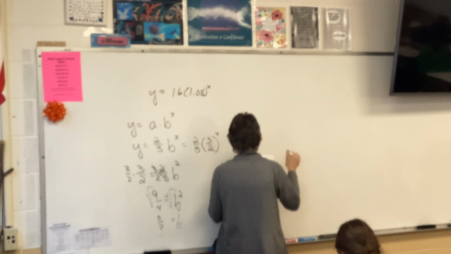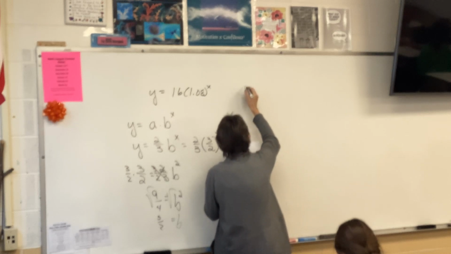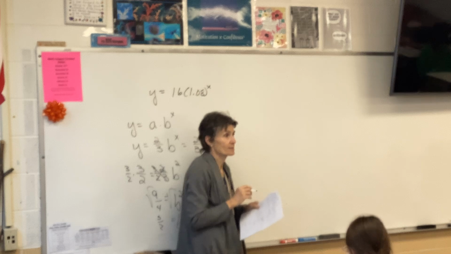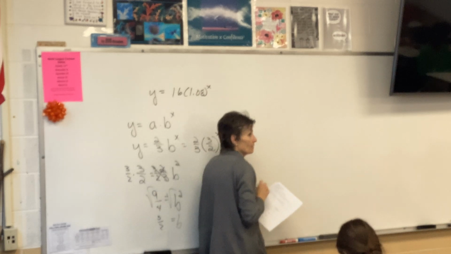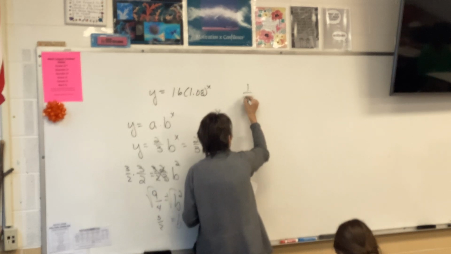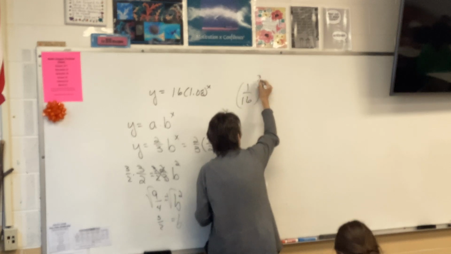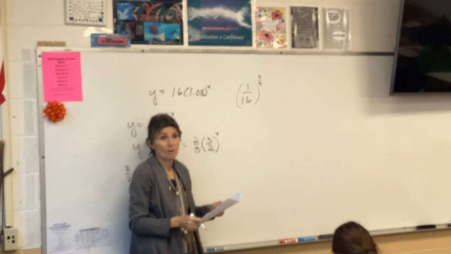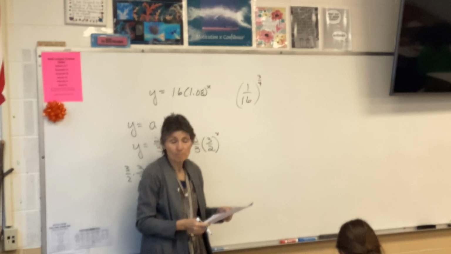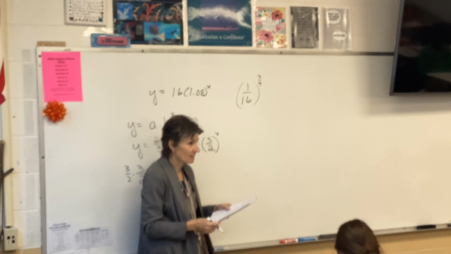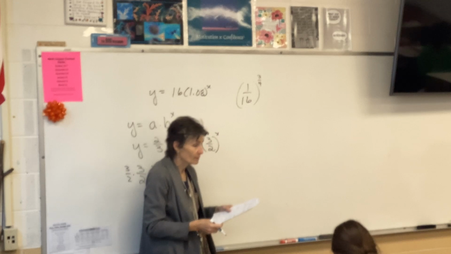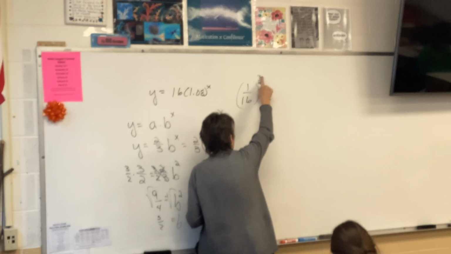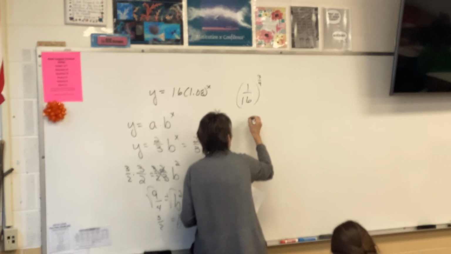Okay, now we have about a bazillion simplifies. So what are you going to do with 16 to the negative 3/4? Make it 1/16 to the 3/4. Never flip the exponent. I was grading some papers and people were flipping the exponent. Never, ever, ever, ever. What does that 3/4 mean?